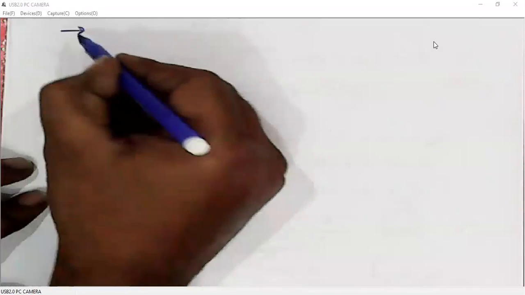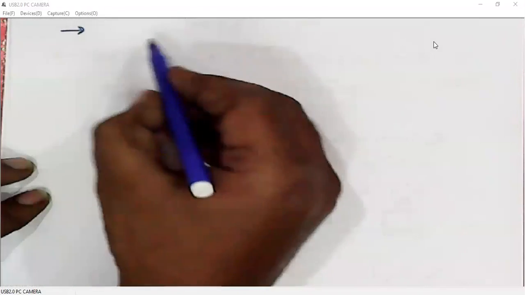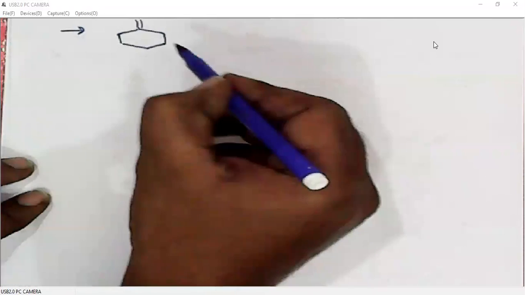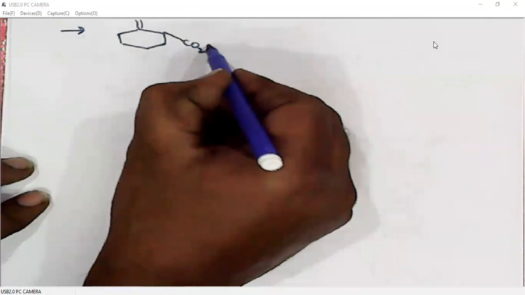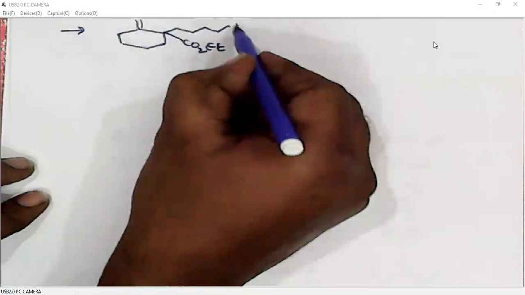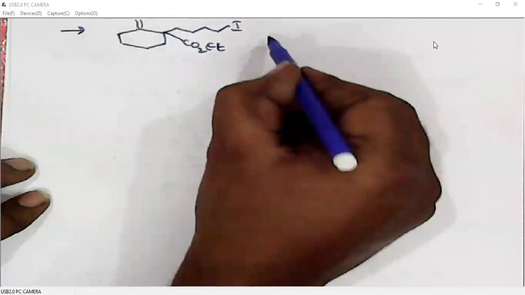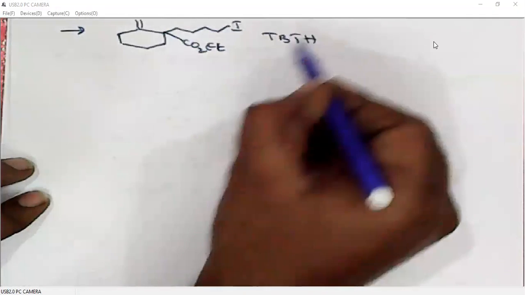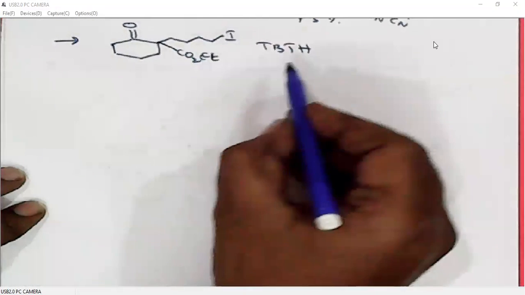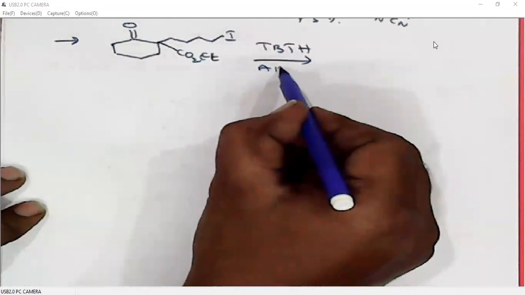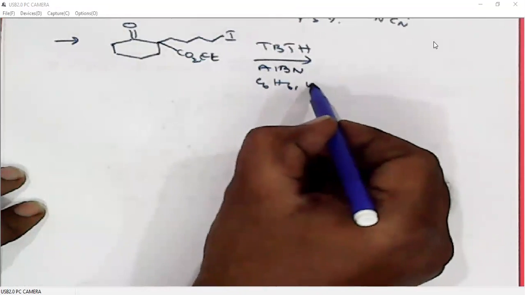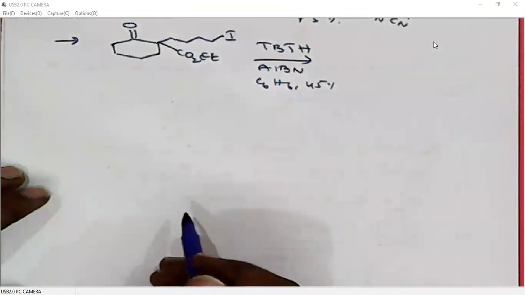The cyclization is possible with the alkene. Not only that, the cyclization is also possible with carbonyl. When this compound is treated with TBTH, sorry, what will happen?